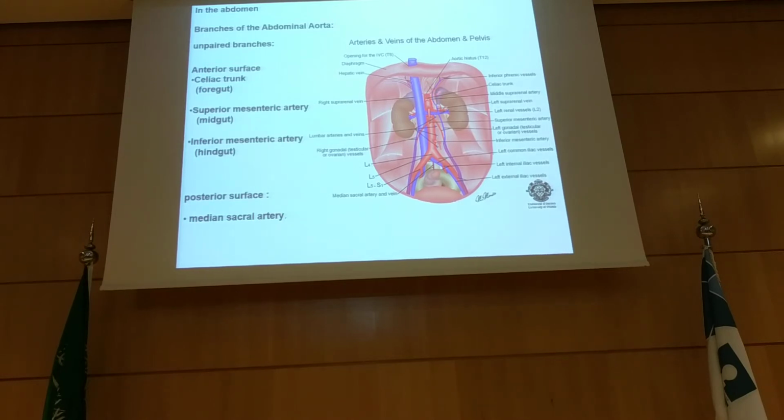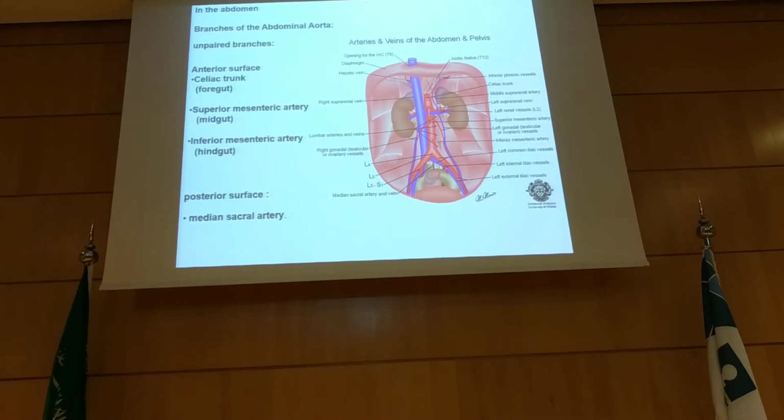Celiac trunk, just below the diaphragm, superior mesenteric, just above the renal, and inferior mesenteric, 2 inches above the bifurcation where the aorta divides. We have a smaller one that comes from the posterior surface. It's called the median sacral. It supplies the rectum. It's a tiny little branch.